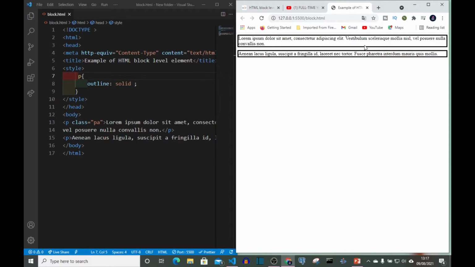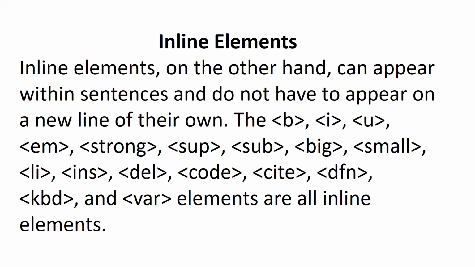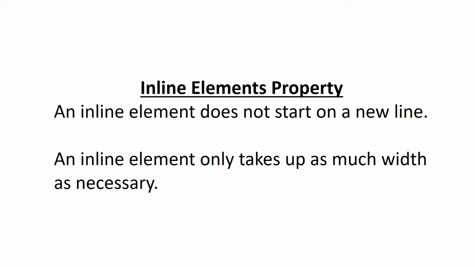So let me show you how an inline element works. Delete tag. These are all examples of inline elements. Inline element properties. An inline element does not start on a new line. An inline element only takes up as much width as necessary.